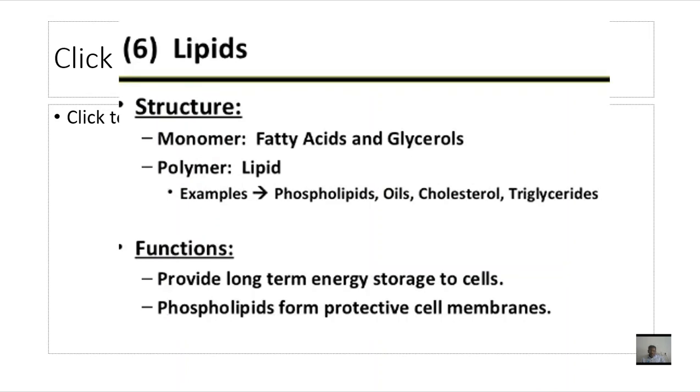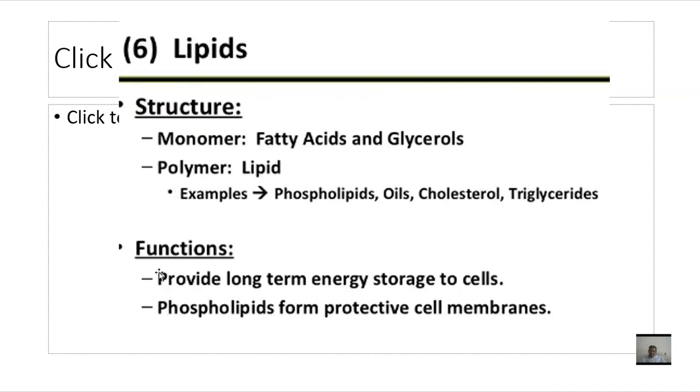Next we can come to the lipids. The structure of the lipids, again monomer and polymer. The monomers are fatty acids and glycerol. Examples of lipids are phospholipids, oils, cholesterol, and triglycerides.